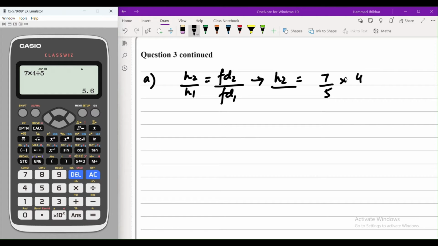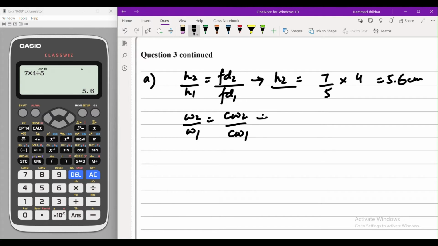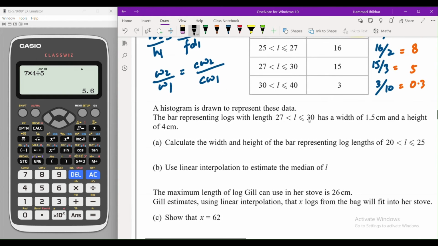That is 5.6. Similarly, we need the widths. Class width 2, class width 1. So width 2 will be, they have given us 1.5 centimeter.